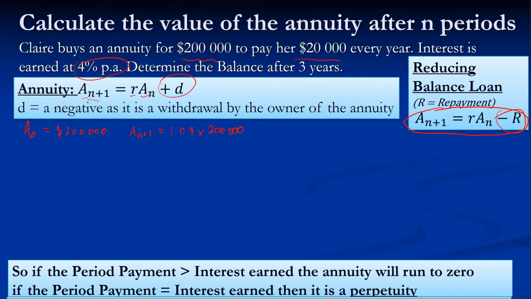Now we just need to withdraw that $20,000. So we'll put that in brackets so our calculator doesn't get confused, and take 20,000.